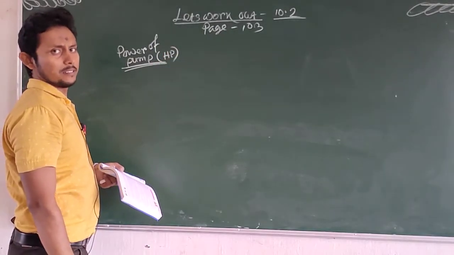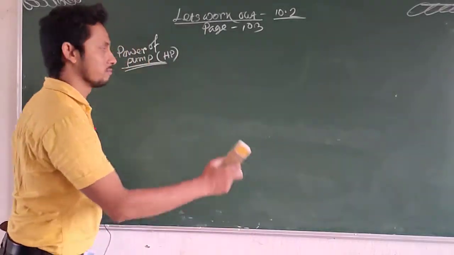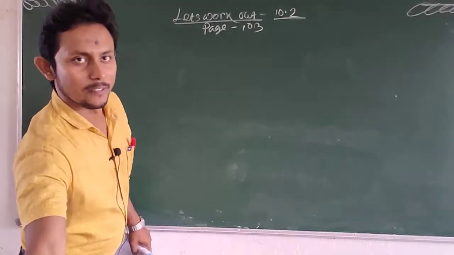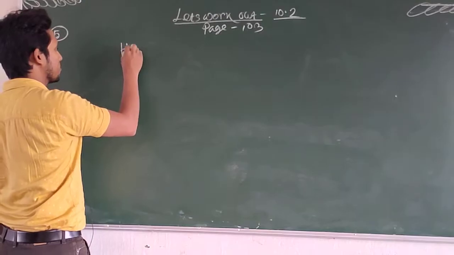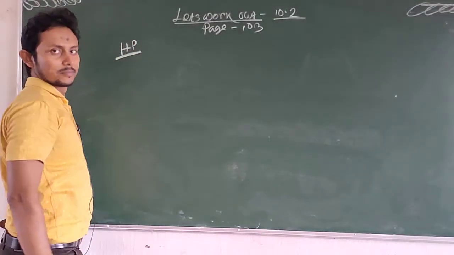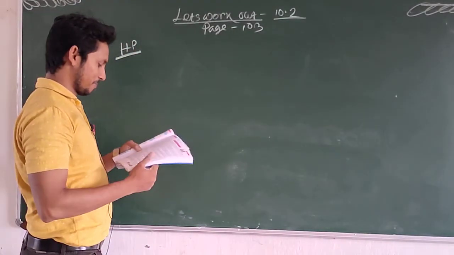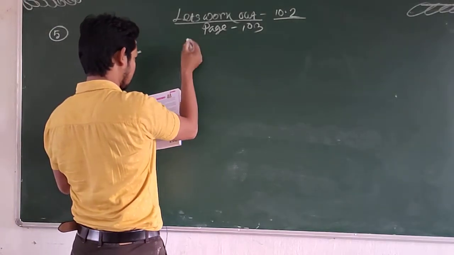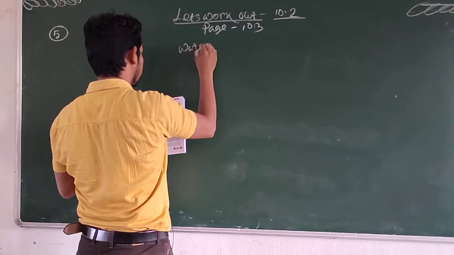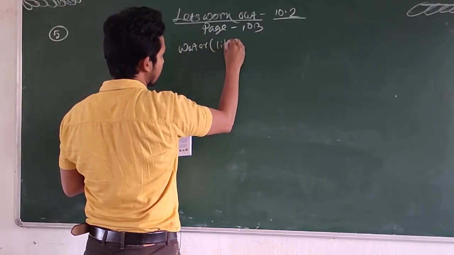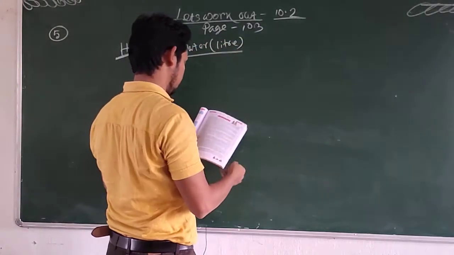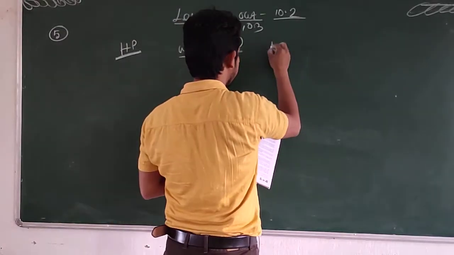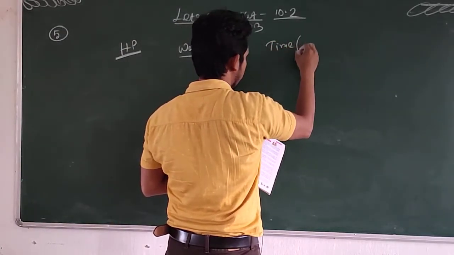Write down just HP, if you don't want to write power of pump. Water you have to write in liters, and then time in hours.